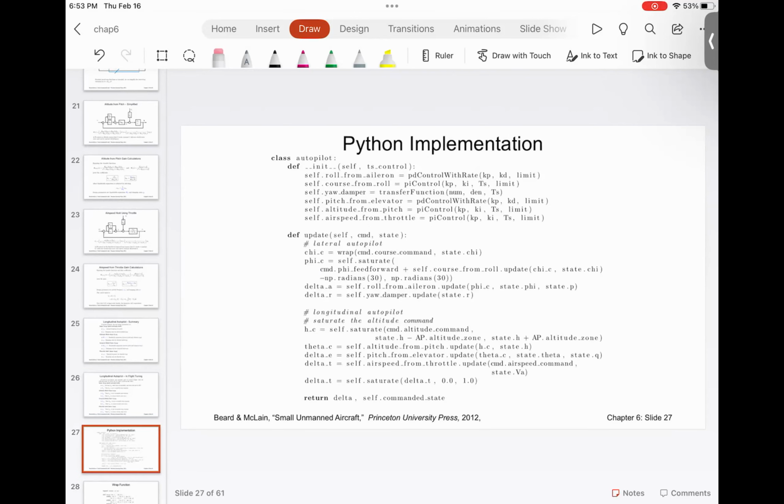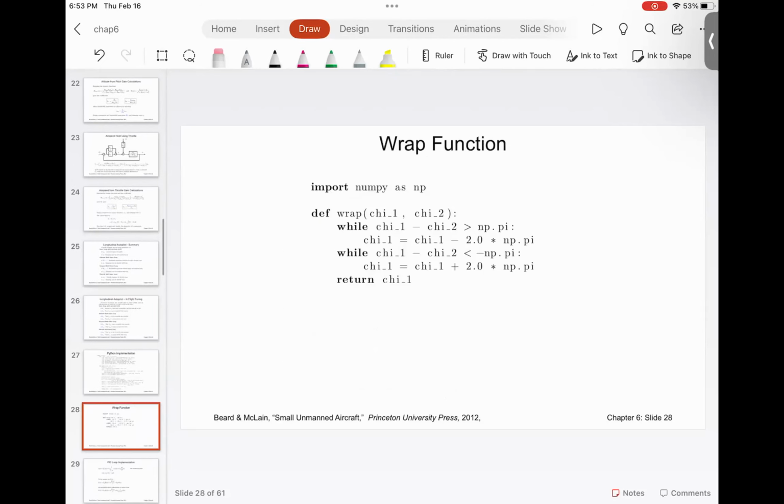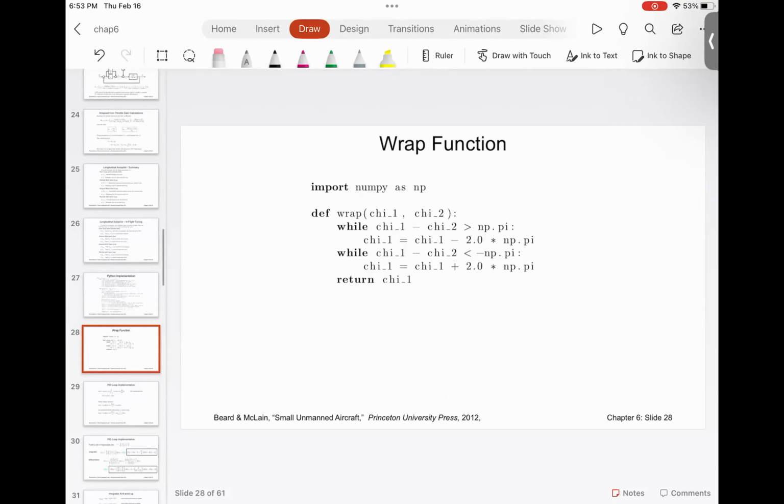And then this is the most important part. In our project, we are going to implement this in a successive loop closure.